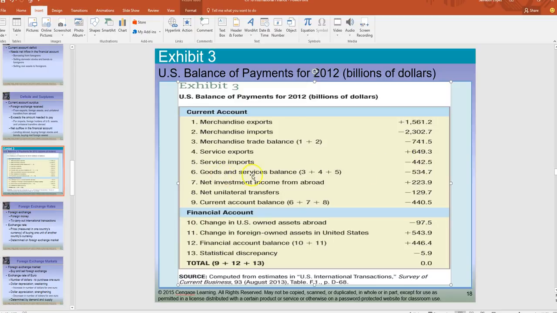However, there's a balance of goods and services, and that is when you add the merchandise trade balance and the balance of the services, which is item 4 and 5 here. So we get a minus 534.7. In other words, in terms of both goods and services, we bought more from abroad than we sold to foreigners.